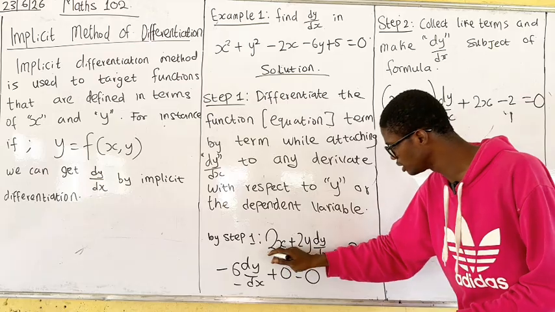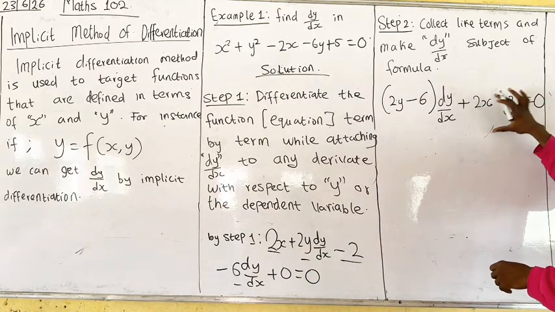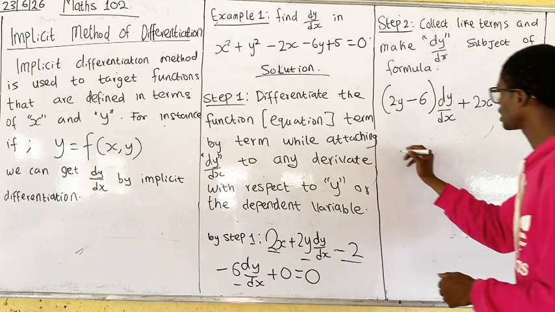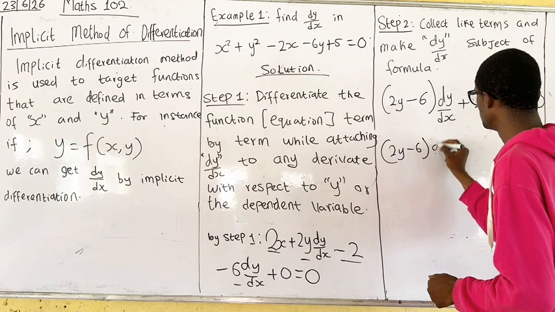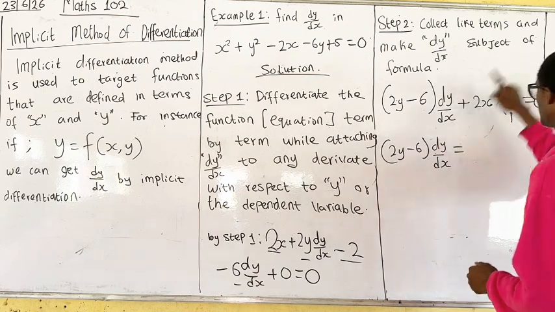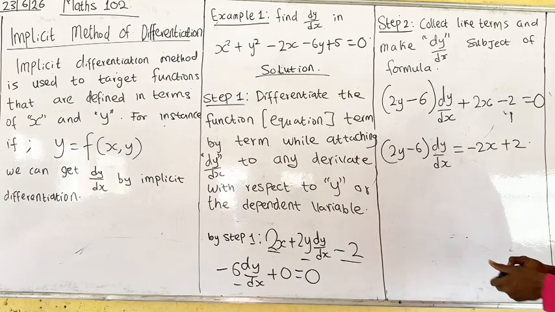Then we brought this and this over to this other place. They have not yet crossed the equal to sign. We are just collecting like terms. Now we have 2y minus 6 dy/dx equal to, taking this over to this side, minus 2x plus 2.